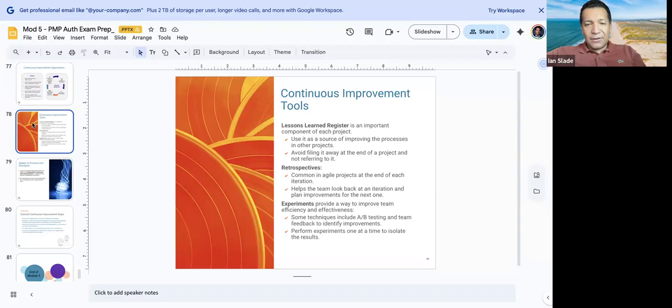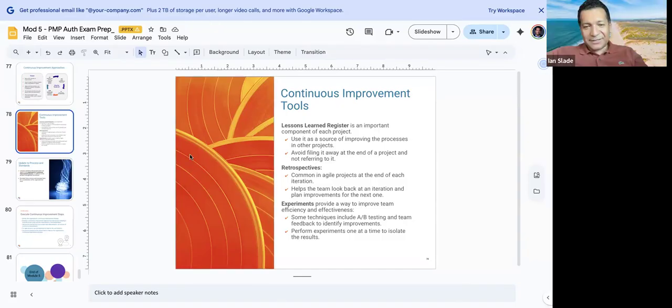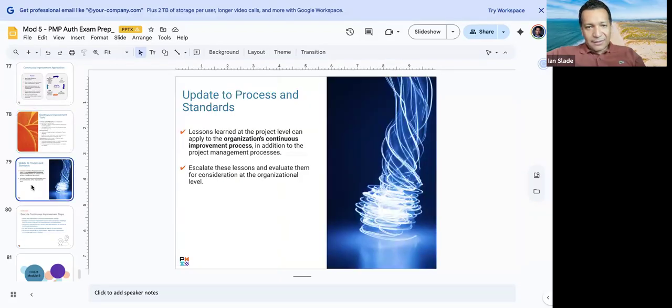For agile, it's called, starts with an R, retrospectives. Thanks, Patrick. Someone's still awake. And of course, experiments. We talked about A/B testing earlier and different experiments, to make sure that we are on track with our quality measures.